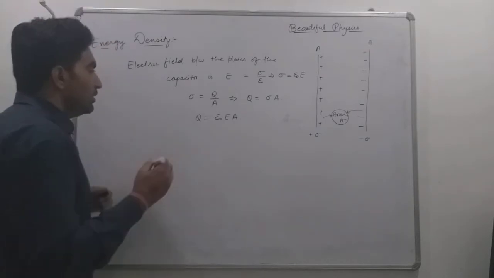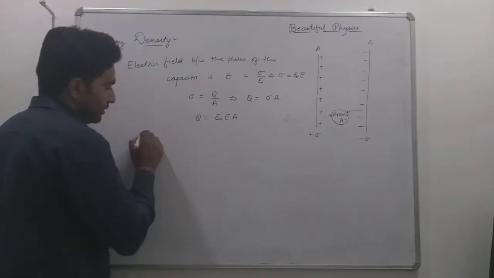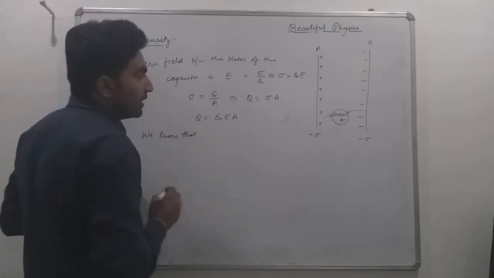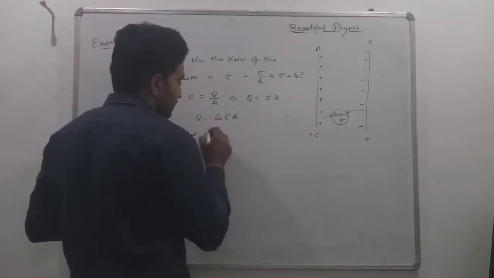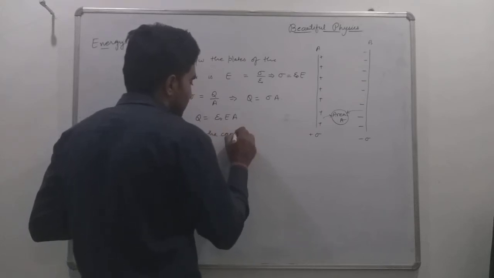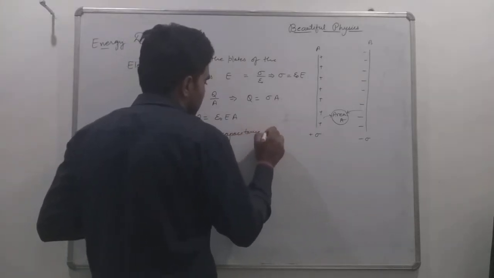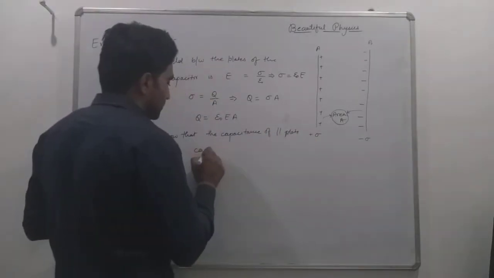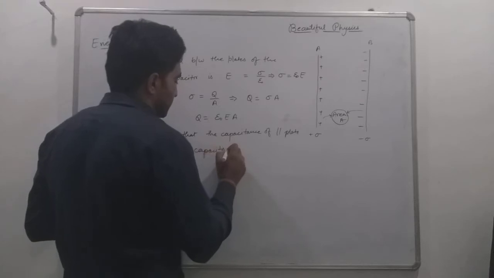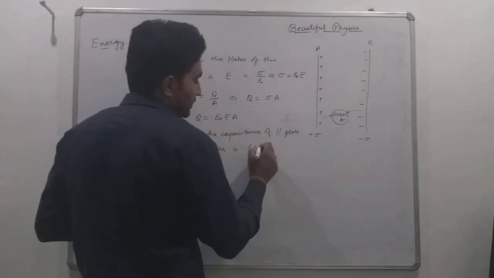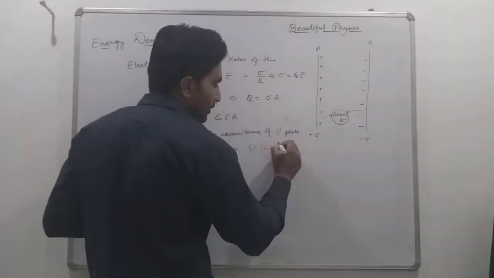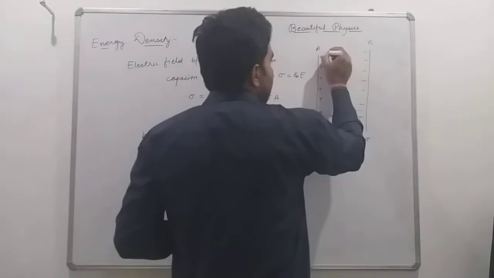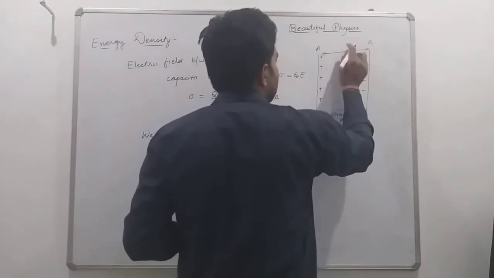Now, as we know, the capacitance of a parallel plate capacitor is written by C, and it will be equal to epsilon naught A by D. Here D is the separation between the plates.